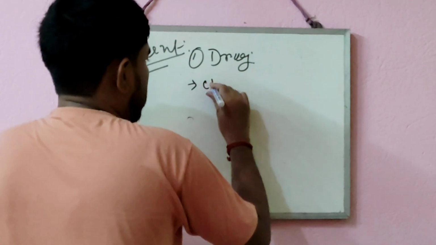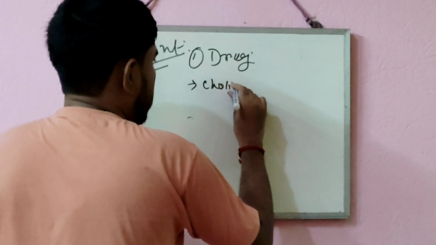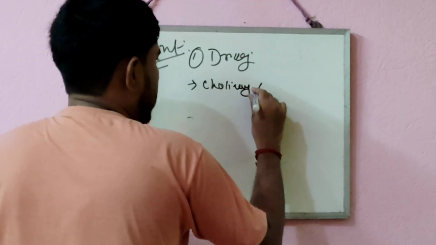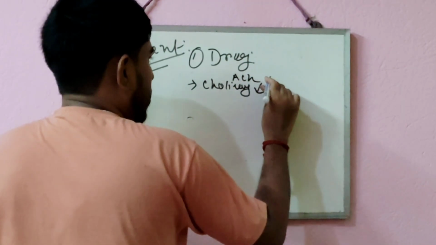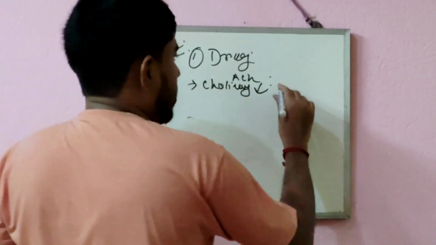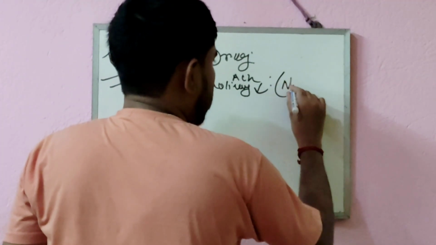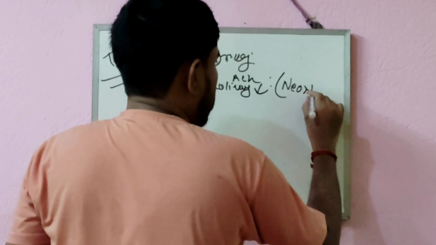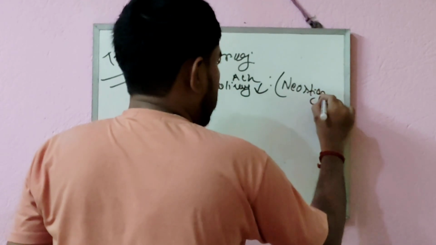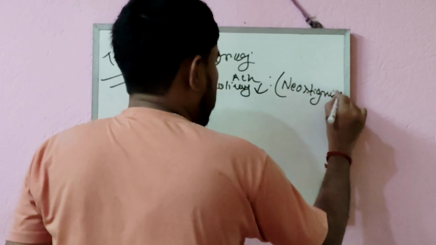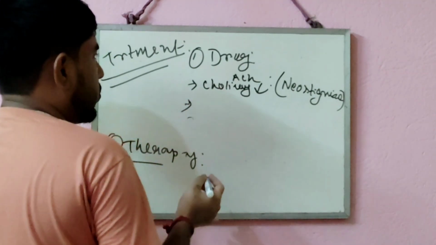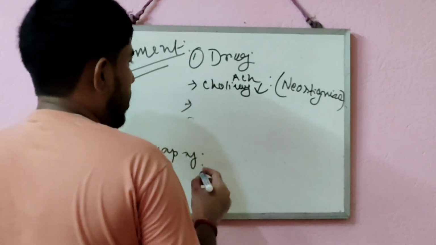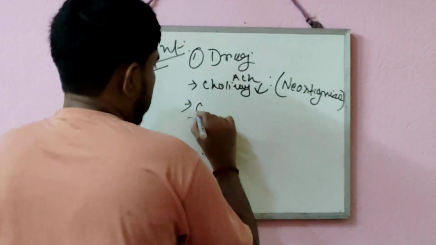That is cholinergic antagonist or acetylcholine antagonist. An example is neostigmine. Then another drug that can be used to treat myasthenia gravis is corticosteroid.